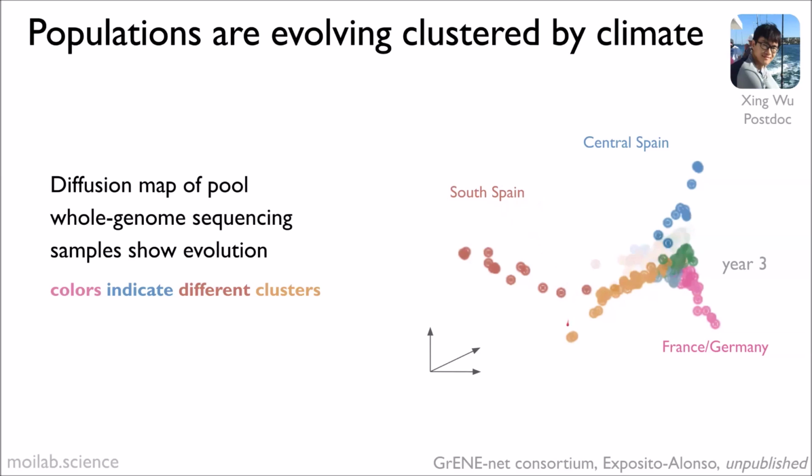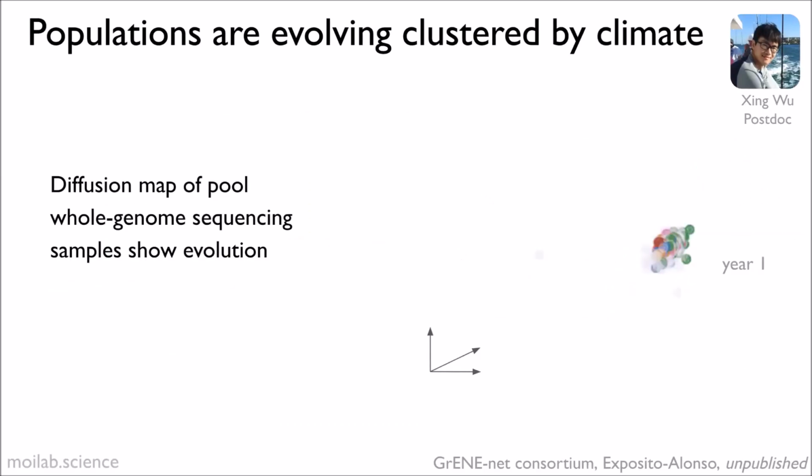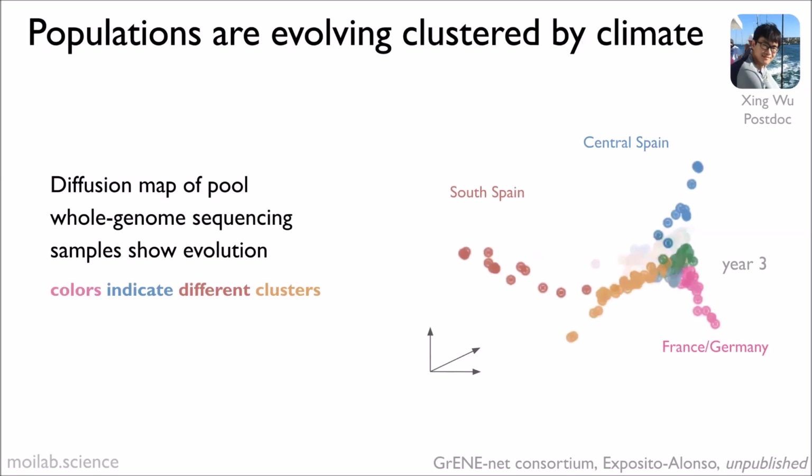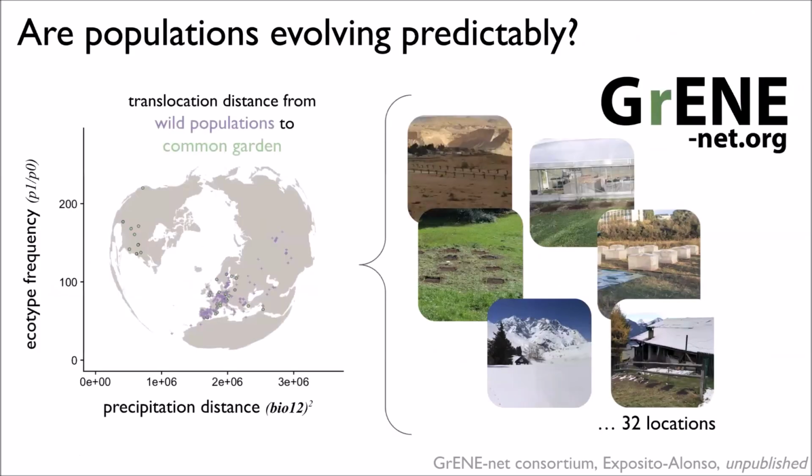And you can see that they're kind of going into different potential optima, who knows, which is extremely cool. So this is evolution happening in real time. But the next question is, are they evolving to unknown optima? How are we going to understand these trajectories? Are those trajectories predictable?